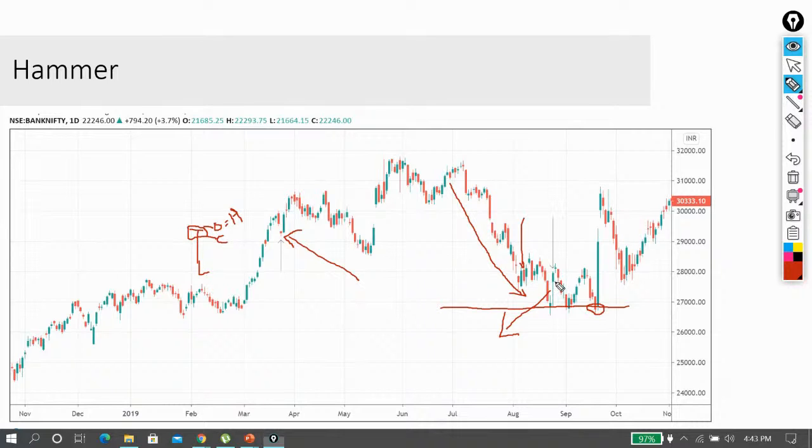Here what happened? Price opened at this point, let's say somewhere around 27,800 probably. It went down to, let's say, 26,800 here. And then buyers came in and then they pushed the price to almost around 28,000.